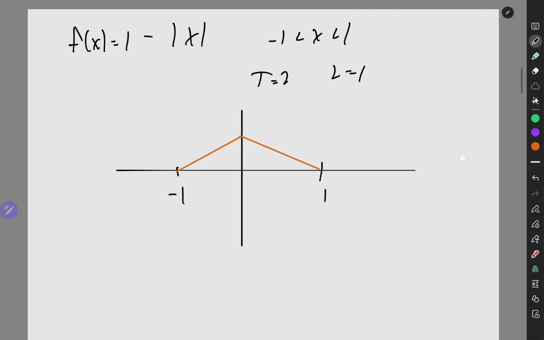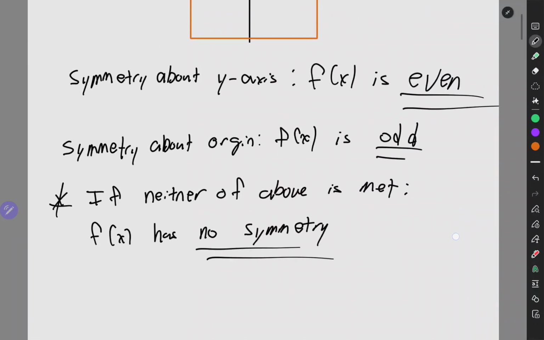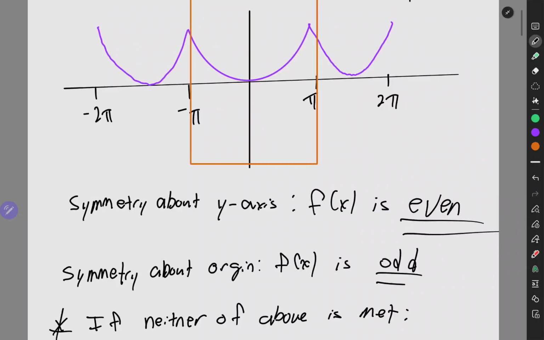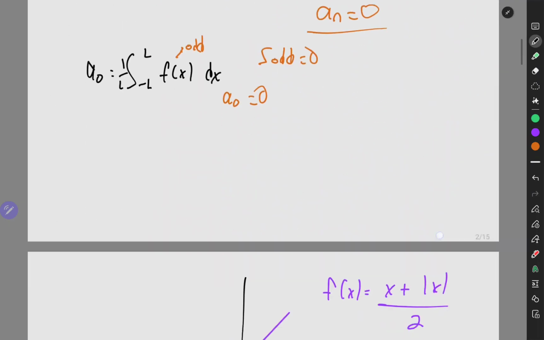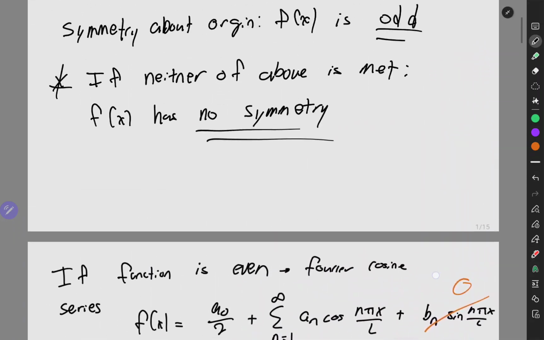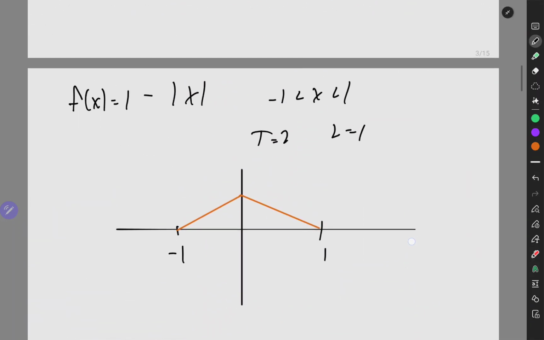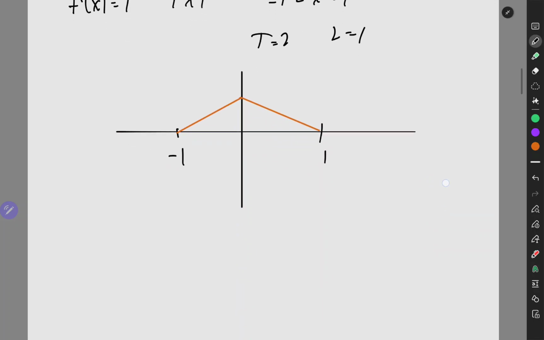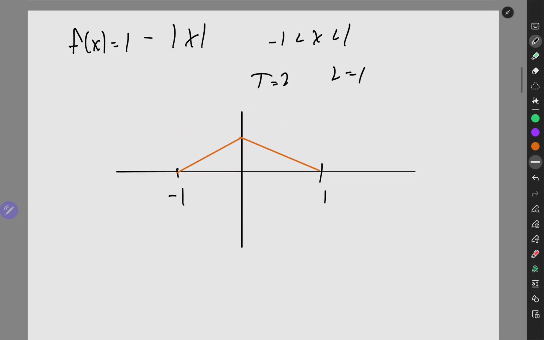Symmetric over the y-axis. So then let me go back up. Symmetric about the y-axis, f of x is even, right? Oh, so that was just like this one up here. We should get one that's like the origin. All right. Well, yeah, this one will be even again, right?